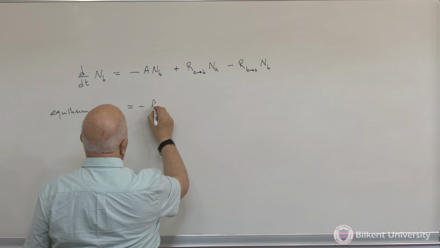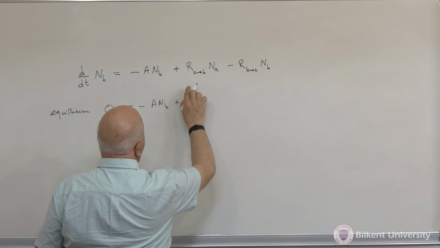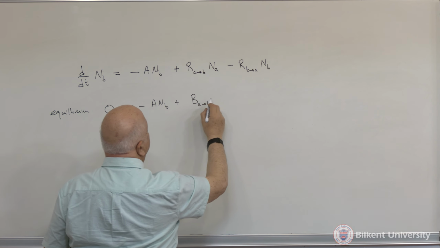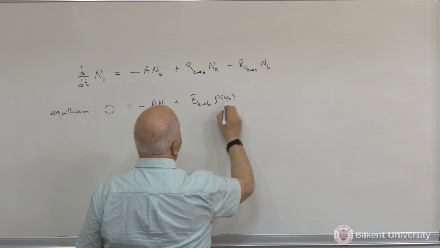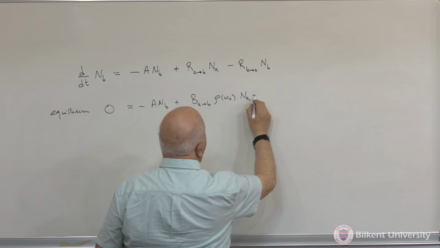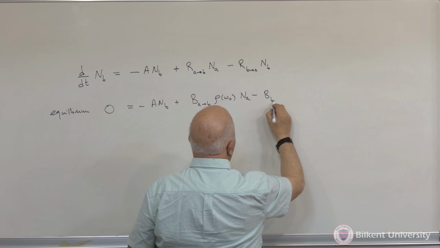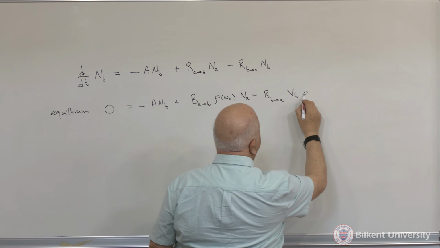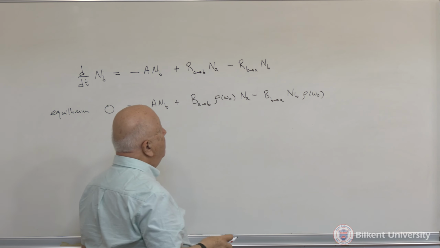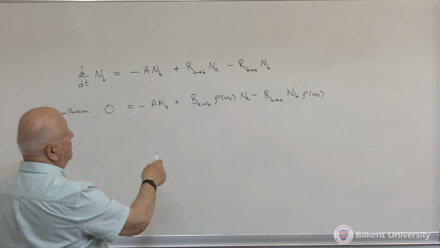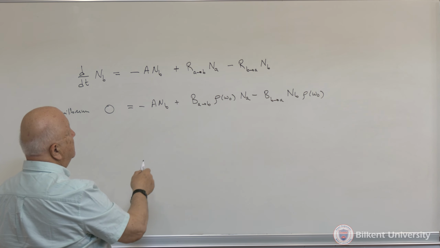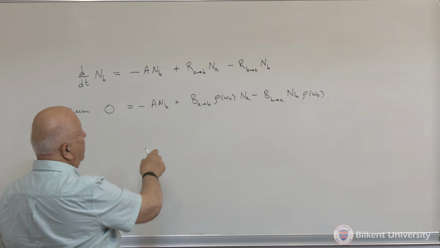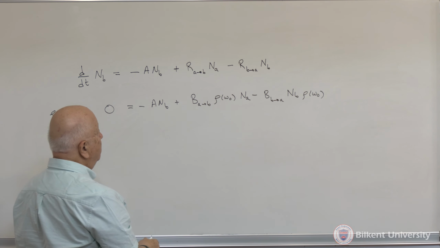And that's going to be minus A and B plus, in place of RAB, I'm going to put B A to B rho omega 0, and A minus B to A and B, rho omega 0. And then he said, let me just derive an expression for rho omega 0.